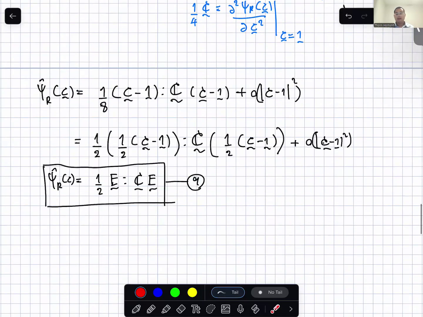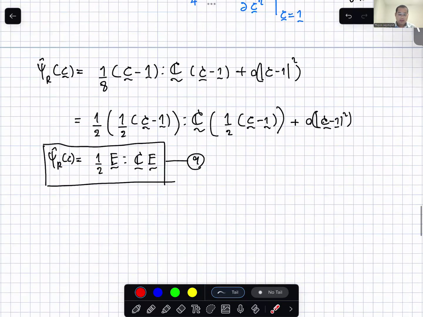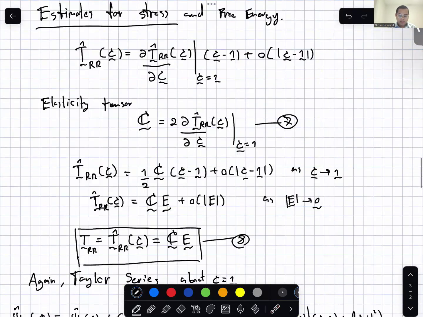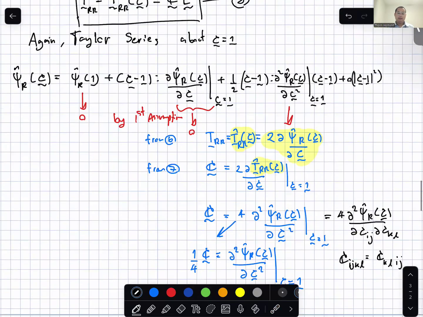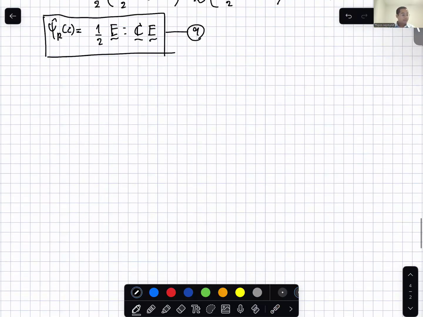Those are just other properties that we could know. Okay, and after we got this, now we have the estimation for the stress and for the free energy. So now we can assemble them and get the last three governing equations that we would like to have.